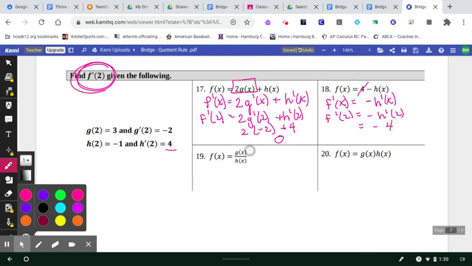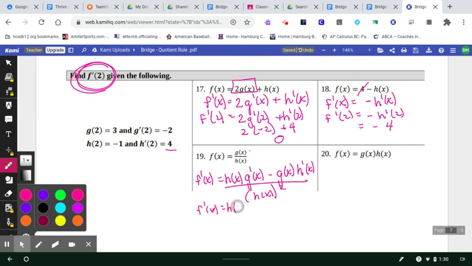19, I've got a fraction with x's in the top and bottom, so I'm saying to myself, low d high, derive the high, minus high d low, all over the low, wrap it up carefully and square it. And then we'll just carefully substitute in all of those 2's.